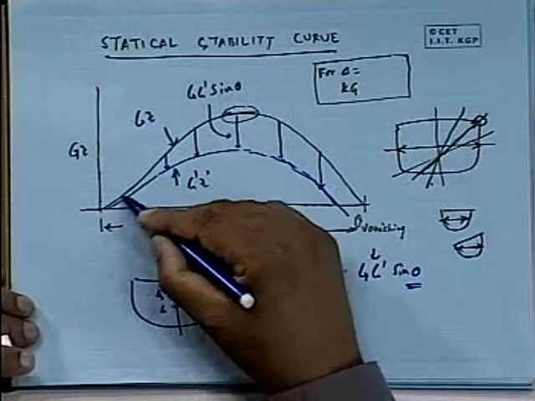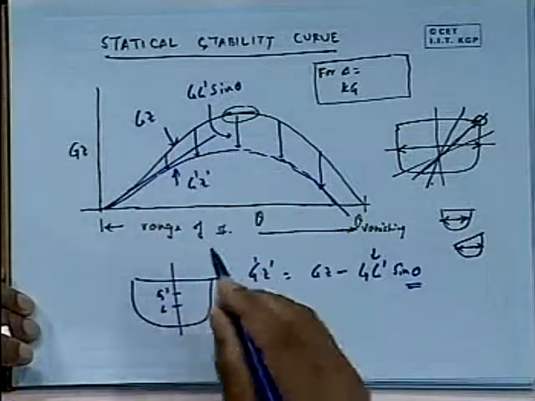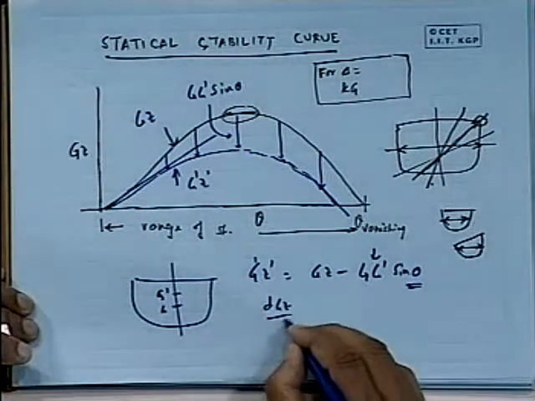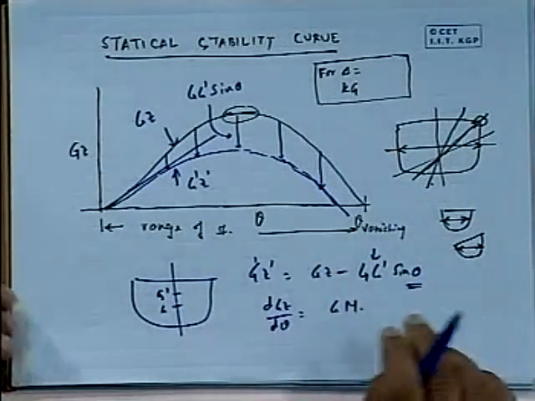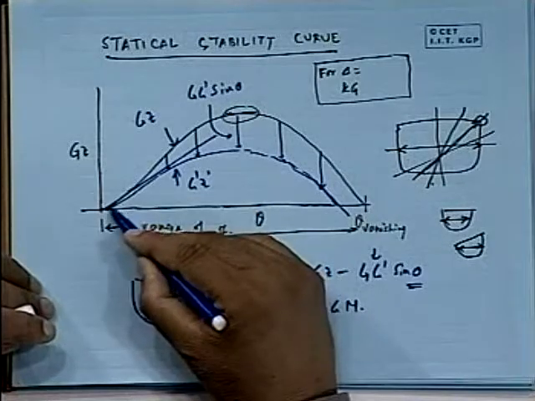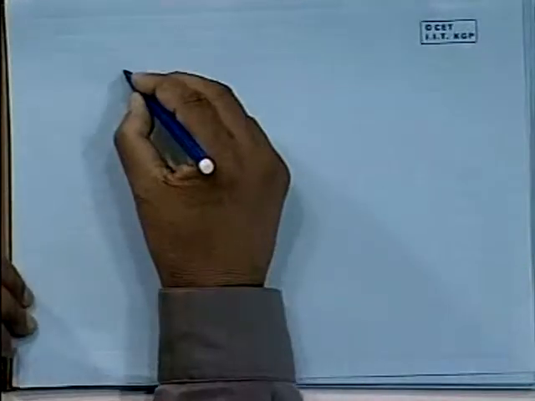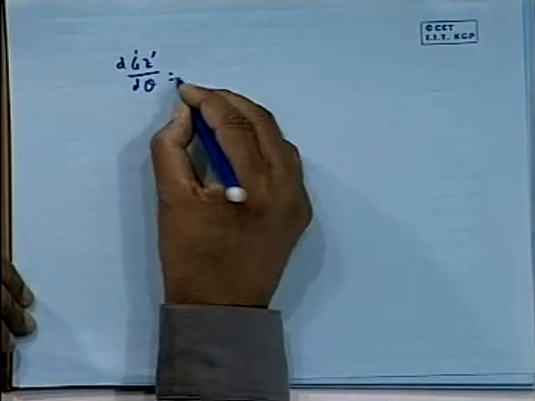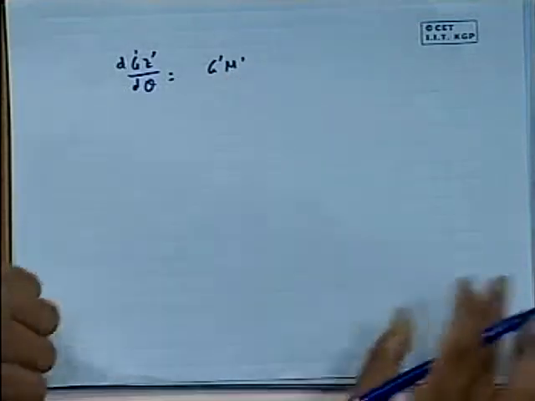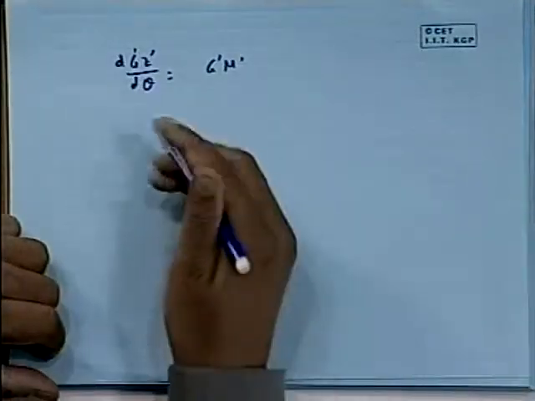Now this is also explained from the slope. If you look at the slope here, dGZ by d theta is GM. This is obtained from the curve, GM cos theta. Now if you look at the other curve, we get the slope as d G dash Z by d theta, which will be G dash M, let me call this new G. We can also find that this formula matches very well with the previous one.